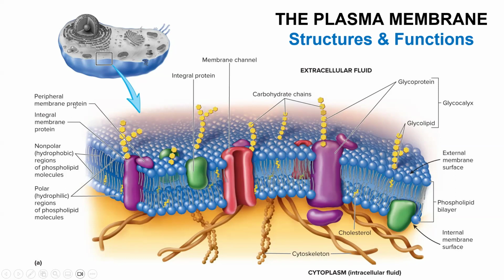A peripheral membrane protein is going to be a protein that is on the periphery, just on the extracellular surface. You can see this one's an integral protein again because it's going all the way into this layer. And then this one we would call an internal membrane protein versus a peripheral because it's at the internal environment.